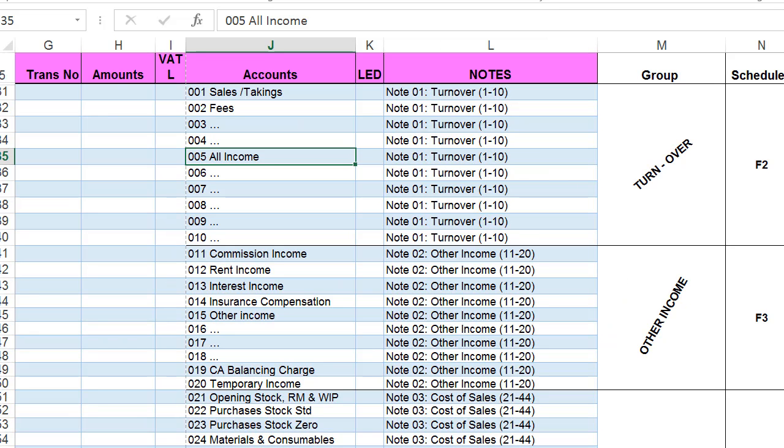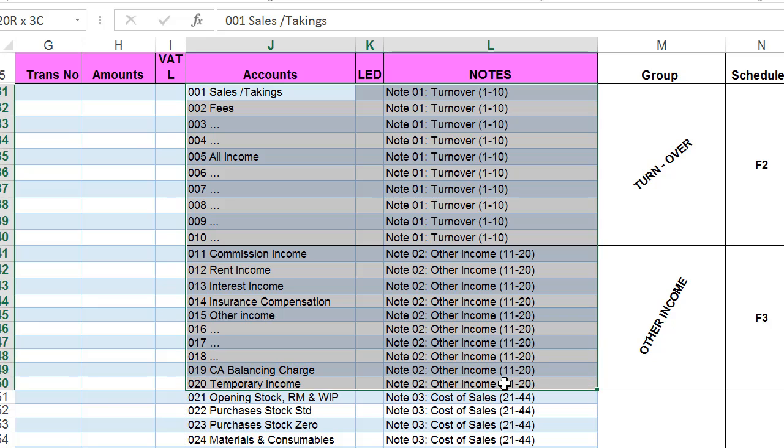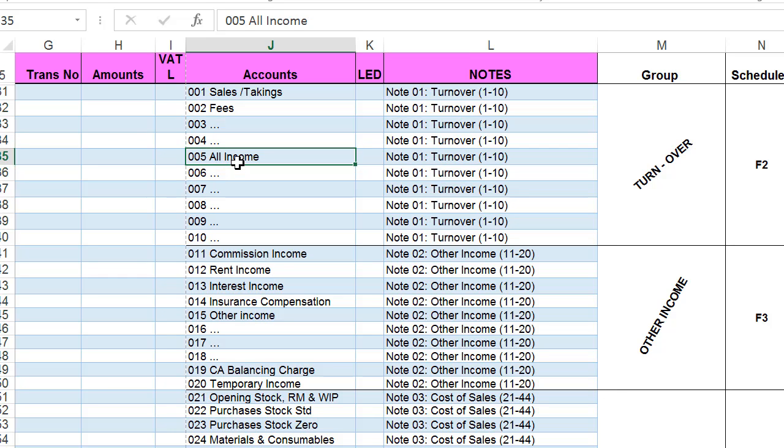Income account number 5, all income can be recorded there. Now the income accounts is only from number 1 up to 20. For a business whose turnover is above 82,000 in the UK, you can use all these 20 accounts. But if the business is small, account number 5 is sufficient.